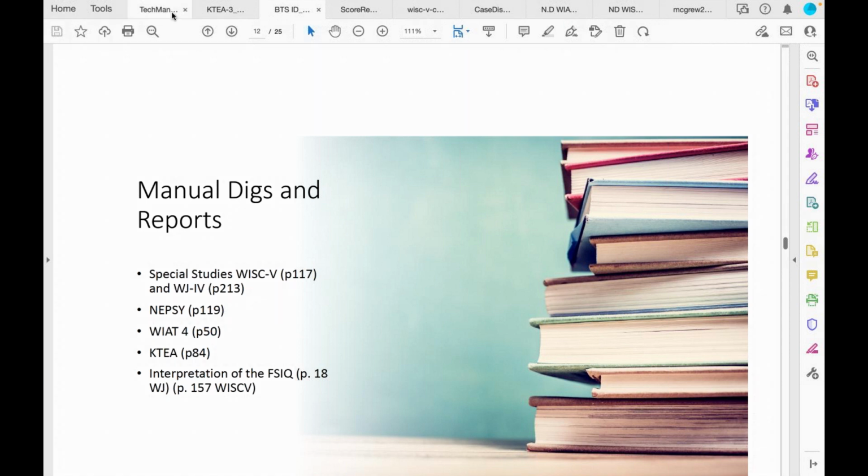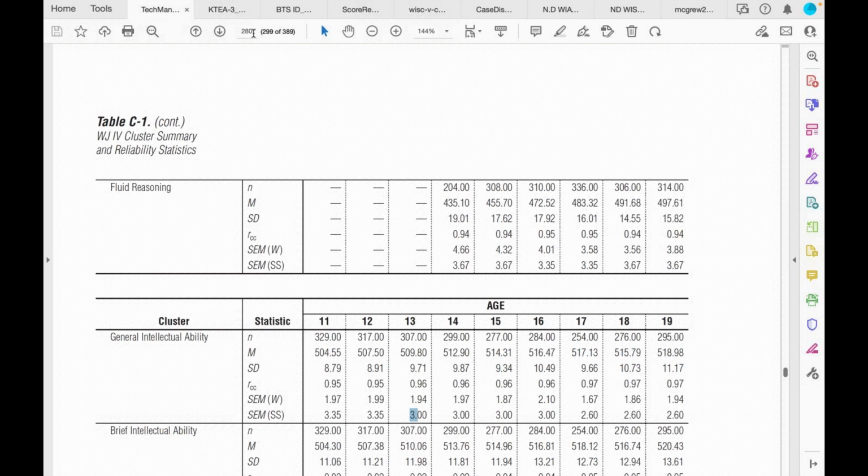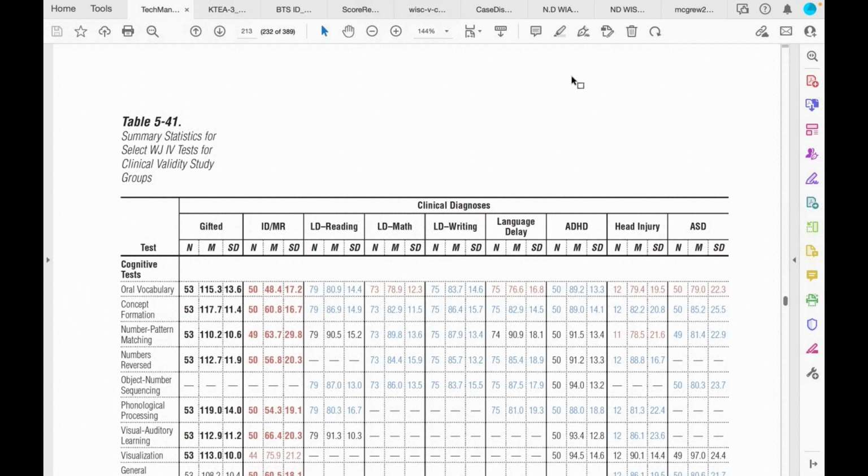Well, let's put it this way: 96% of the kids that took the WISC had variance less than 11 points. Okay, so 96% of the kids, their scores did not vary by very much, less than 11 points.